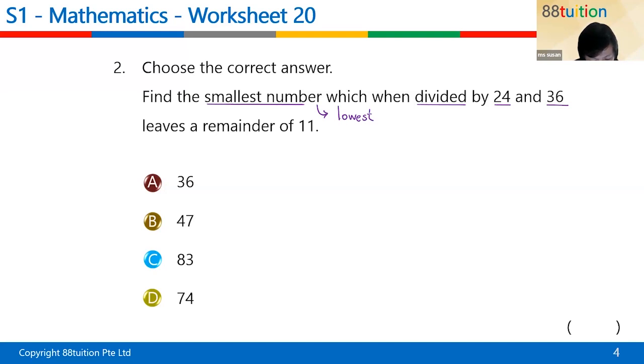What can you divide by 24? What can you divide by 36? So this one is divided by 24. Okay, I write here. And this number can also be divided by 36. So which of the following below will be able to do so for this question? Right? Okay, take a look.